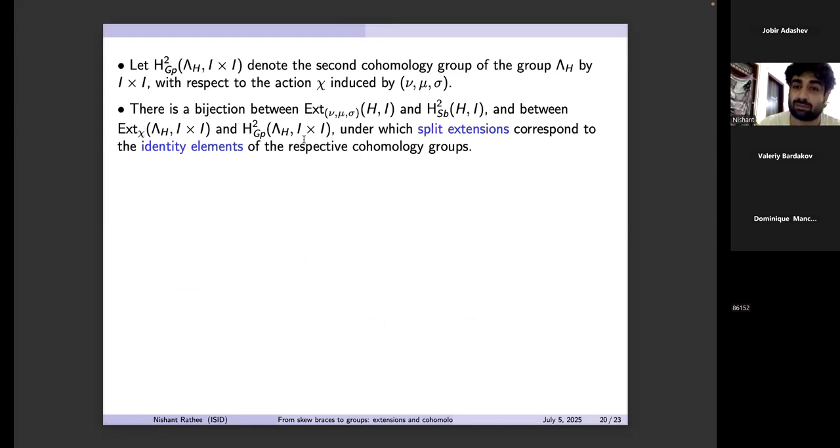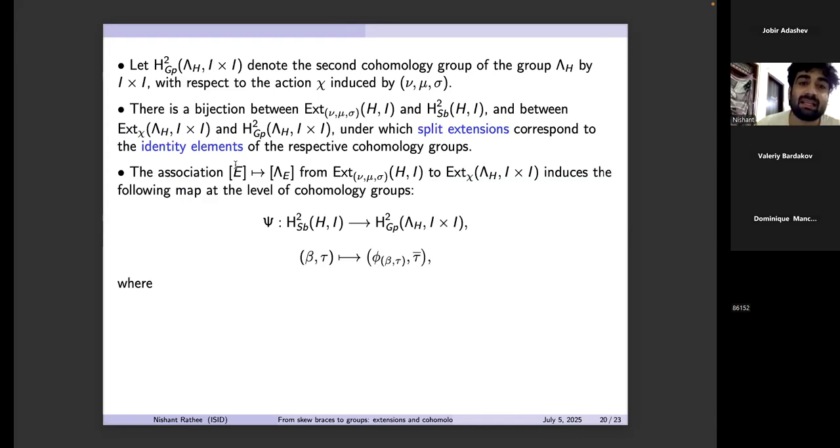These extensions are very particular in such a way that a split extension corresponds to the identity element of the respective cohomology group. So under this bijection, a split extension goes to the zero element of the cohomology groups.